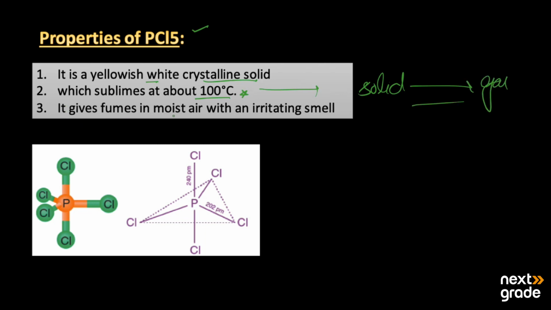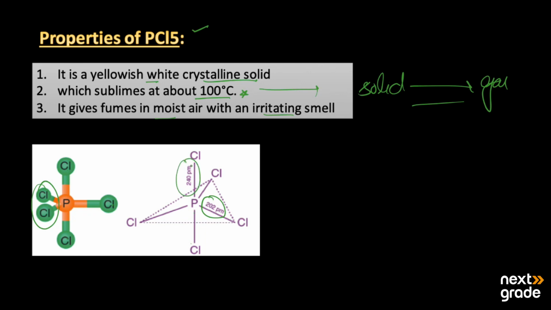Third, it gives fumes in moist air with an irritating smell that would not be bearable for a long time. Here we have its structure in which three chlorine atoms are on one side and two on the other side, and the bond length between them is 202 picometers, and for the other chlorines the bond length is 240 picometers.